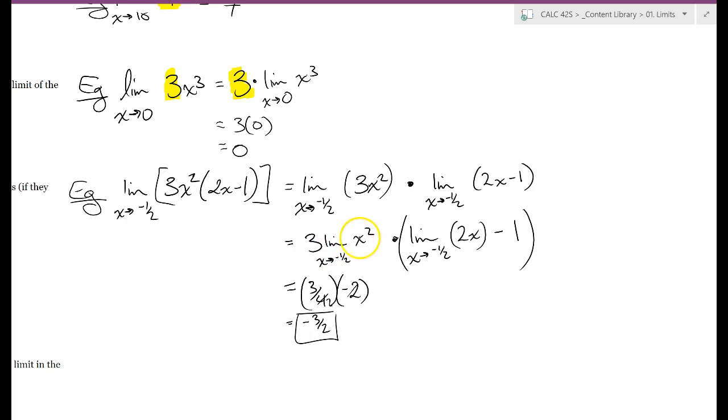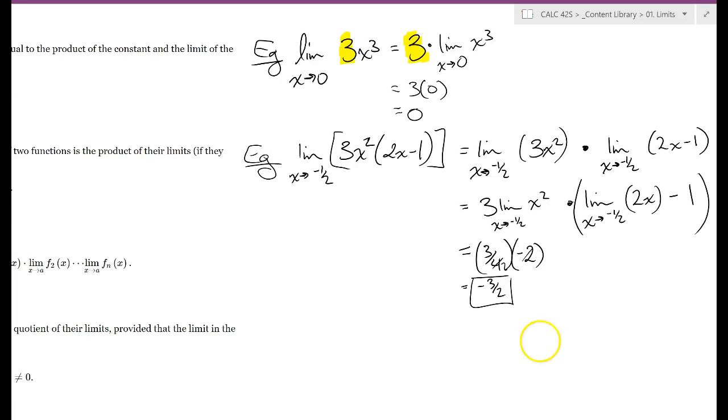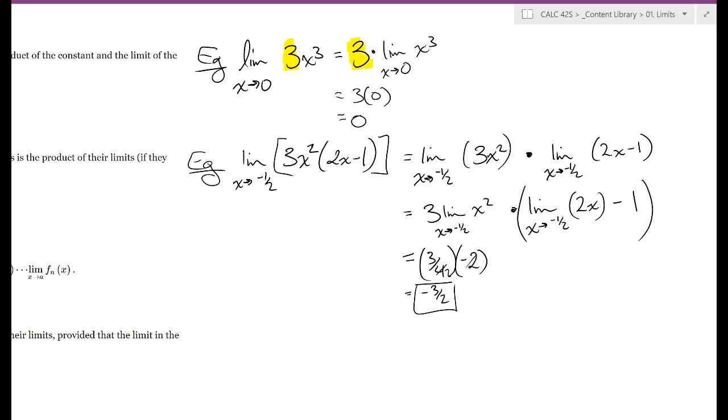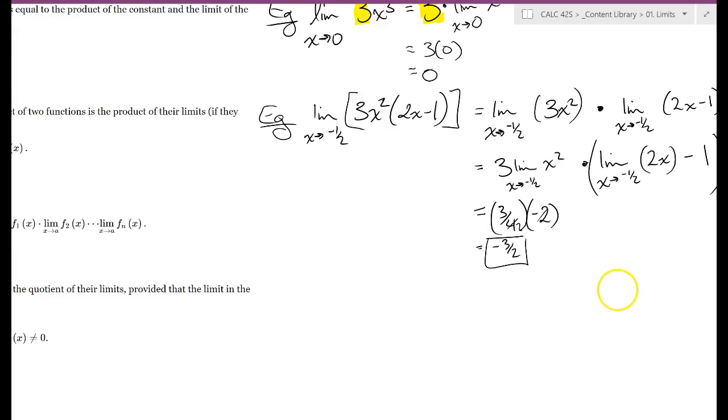Just be very, very careful when you're plugging in numbers to make sure you get rid of the limit and x approaching a value as you're plugging in to x, because we're not taking the limit as it approaches negative 1/2 squared. We're taking the limit of x squared as it approaches that.